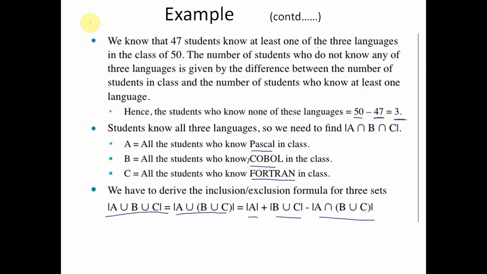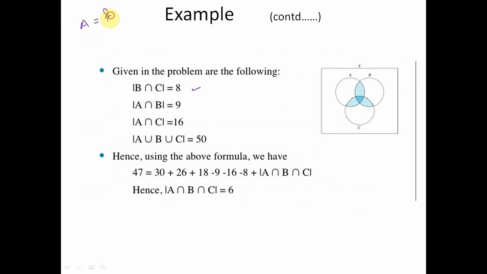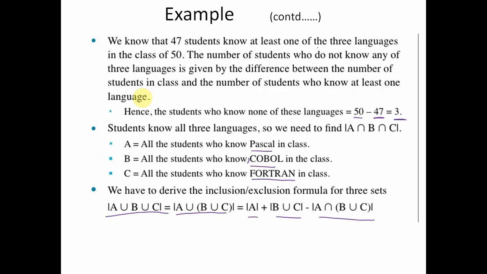A is Pascal, B is COBOL, and C is Fortran, right? So this is the number of students who know both COBOL and Fortran, right? This is given in the question itself. Let's check it once again.